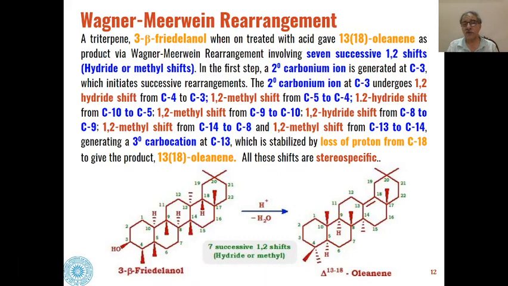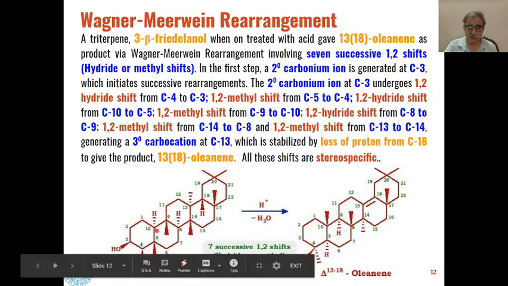Then a 1-2 hydride shift will take place from C8 to C9. This is C9. We now have the carbocation at this place. This hydrogen now will shift from C8 to C9, and now we will have a carbocation at C8. Then a 1-2 methyl shift will take place from C14.